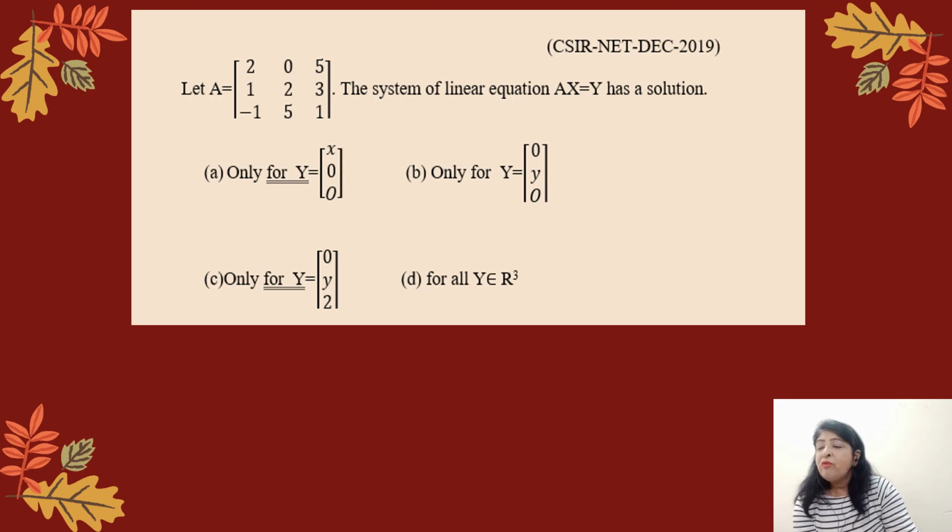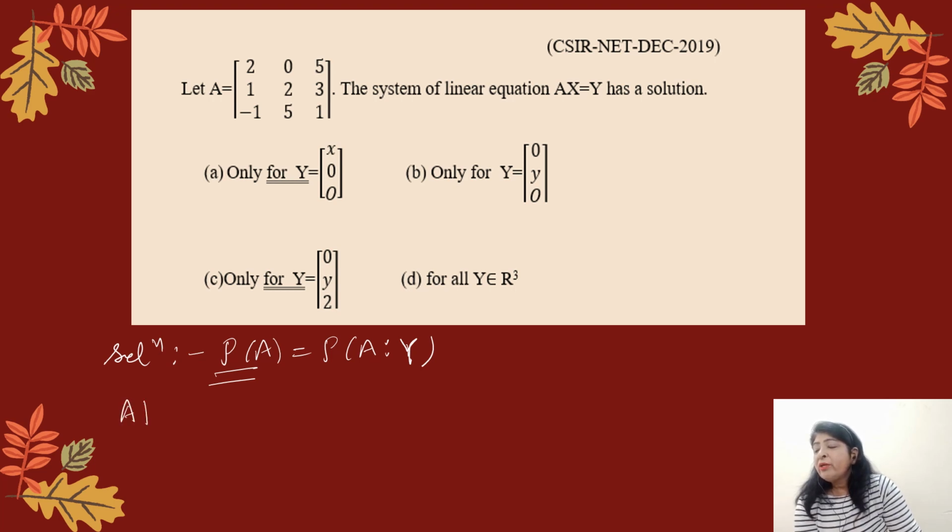First of all, we know that a system of equations has a solution if rank of A is equal to rank of the augmented matrix AY. Clear? So first of all we will find rank of A. We prove that the largest order minor is non-zero.